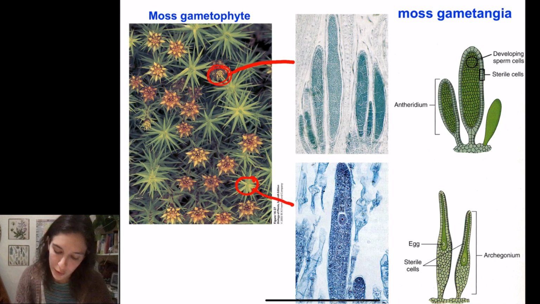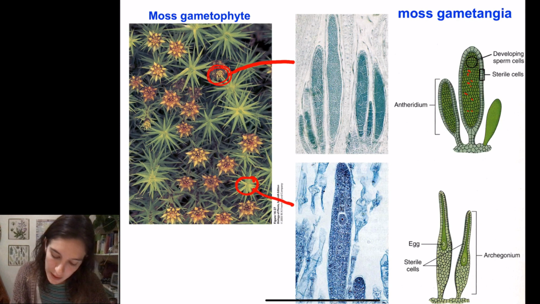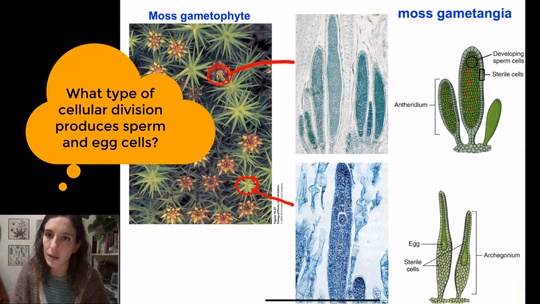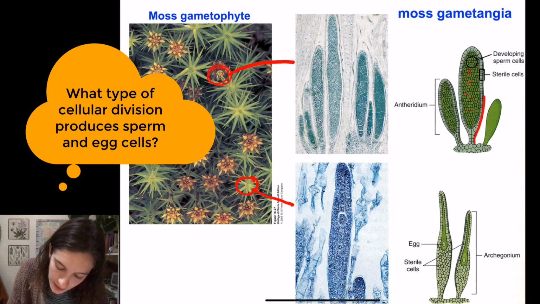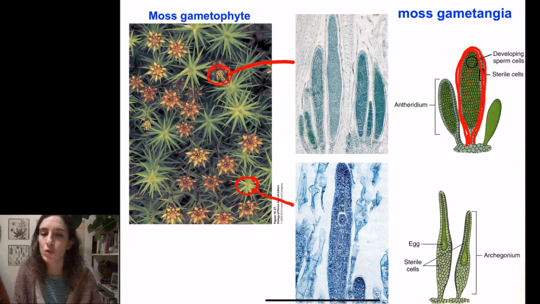The antheridia produce hundreds or thousands or tens of thousands of sperm cells per antheridium. Those sperm cells are haploid, because it's the gametophyte. The cells surrounding those spermatogenic cells, the ones I'm highlighting in red here, are the sterile cells.